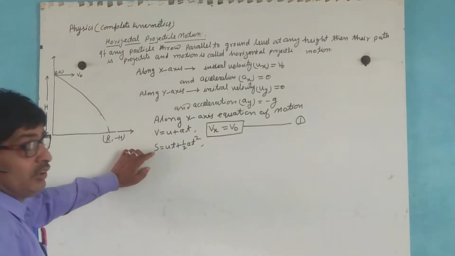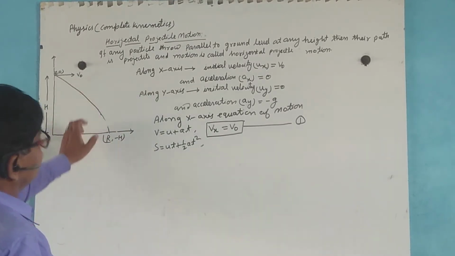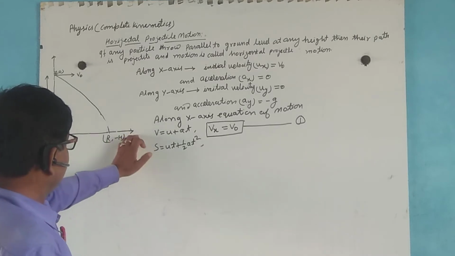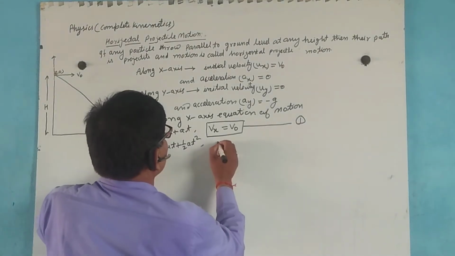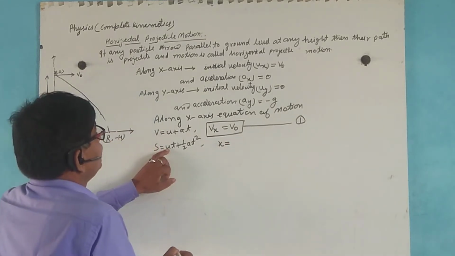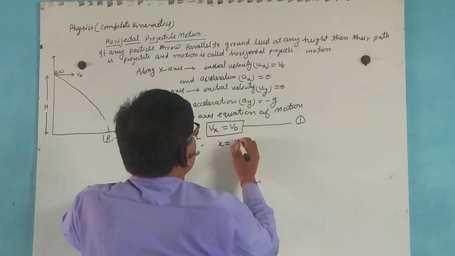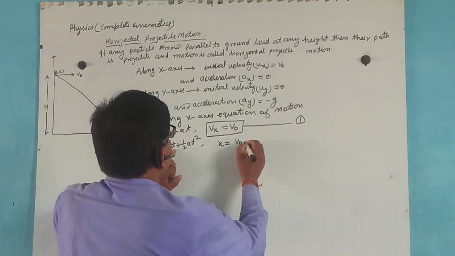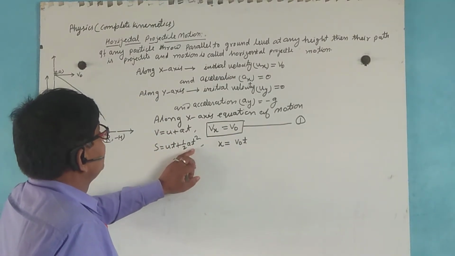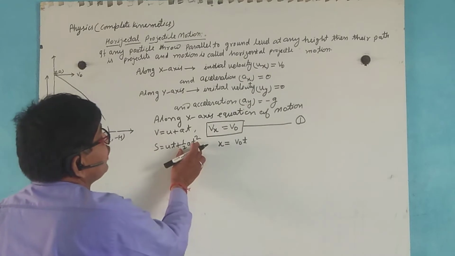Here s is the displacement along the x-axis, so we can take the displacement x equal to ut plus half at square, where u is v0. Here ax along the x-axis is 0, so this term becomes 0.